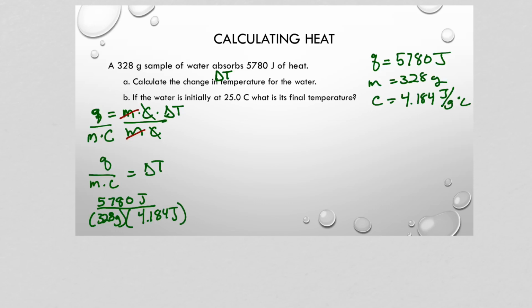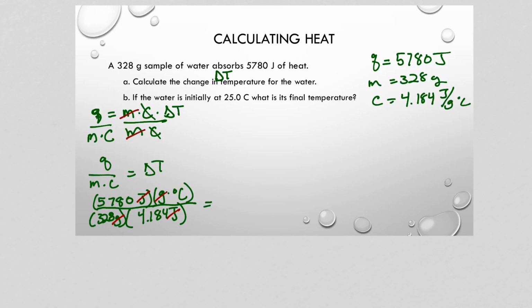And it's just like a conversion factor where this goes with the number, and that means the grams times degrees Celsius would go on the top to give us our delta T. So if we look at units, our joules cancel out top and bottom, our grams cancel out top and bottom, and so we're only left with degrees Celsius as a unit, as it should be.